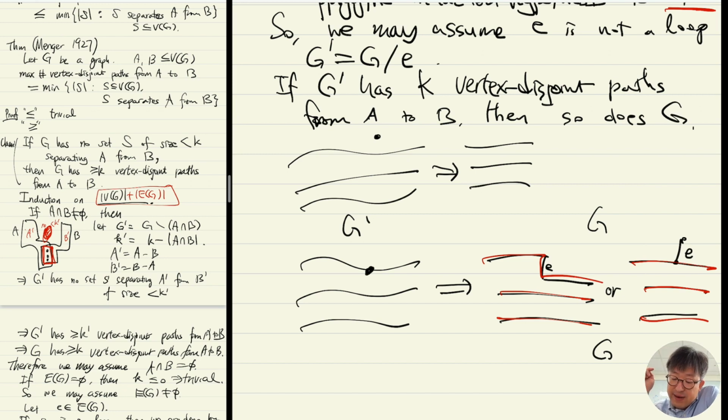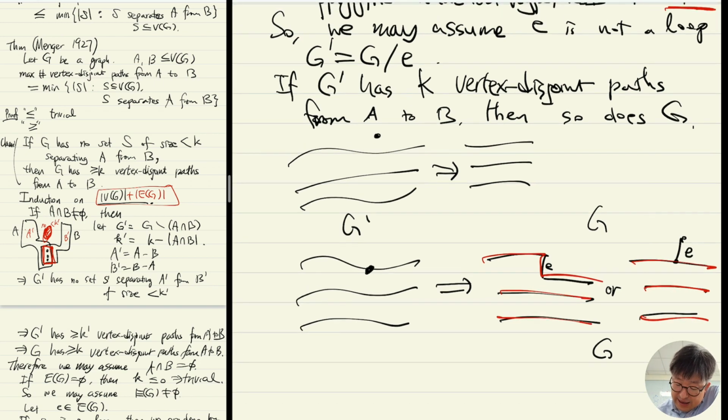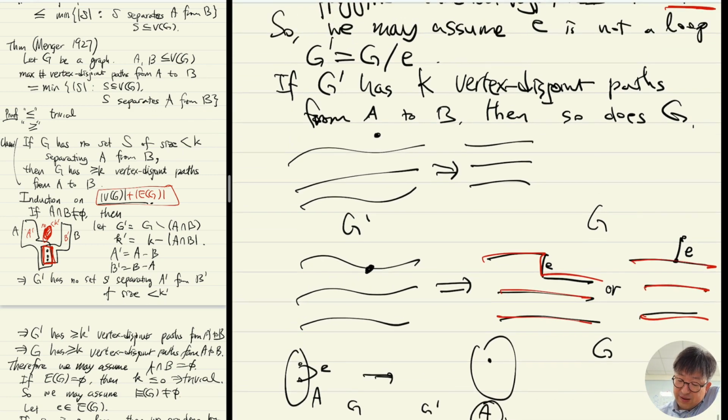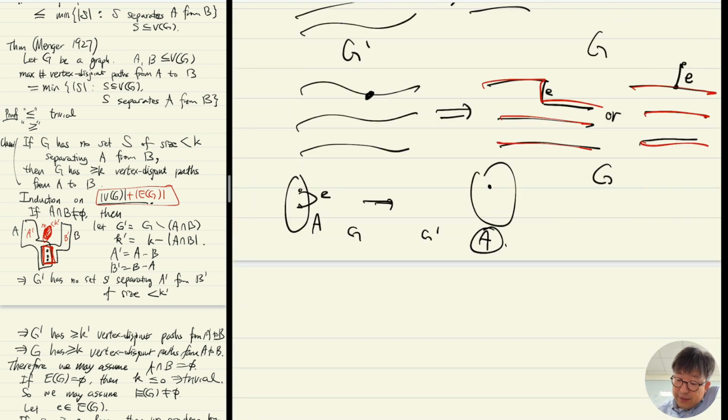Here, A, B, so when I contract, it may be possible that E has both ends inside A. In that case, new A is actually one smaller, but if this was A and this is E, then in G prime they could become one vertex, but let's say this is still A for convenience. All right.